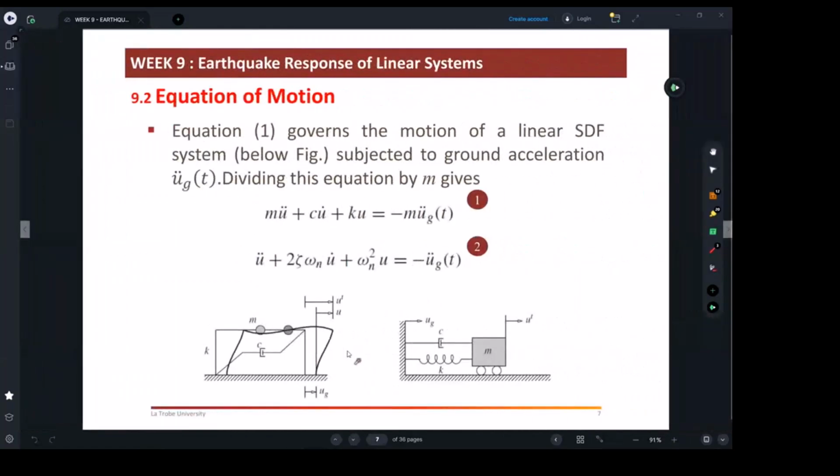Now, if you want to understand this, you can divide the equation by M and you will not lose the response, because you are able to divide since there is already mass involved inside the C. There is also mass involved in the stiffness.